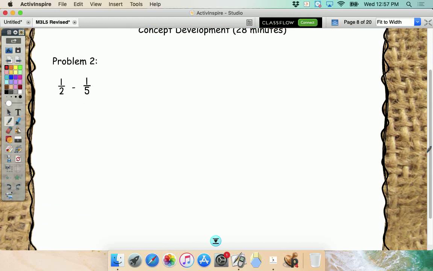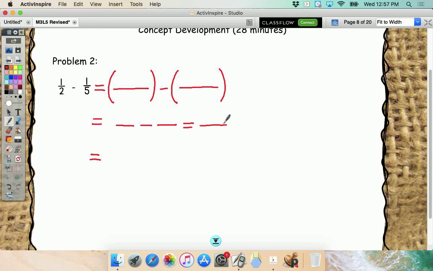Write this one down. 1/2 minus 1/5. Is it okay if we've been doing it on a scratch piece of paper? That's what I wanted you to do. Because remember, I took out those boxes a couple lessons ago, actually. Okay, so get this all set up. Common denominator for 2 and 5, Sierra. 10.